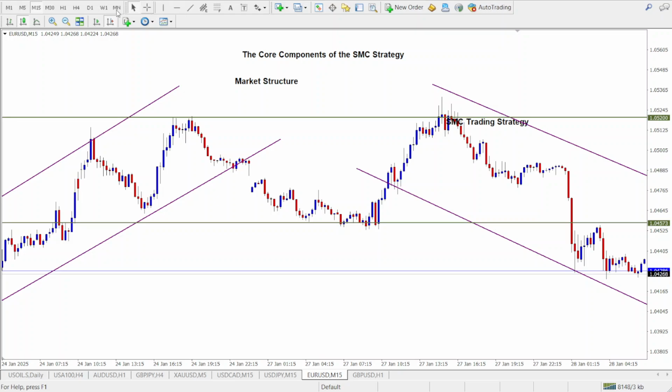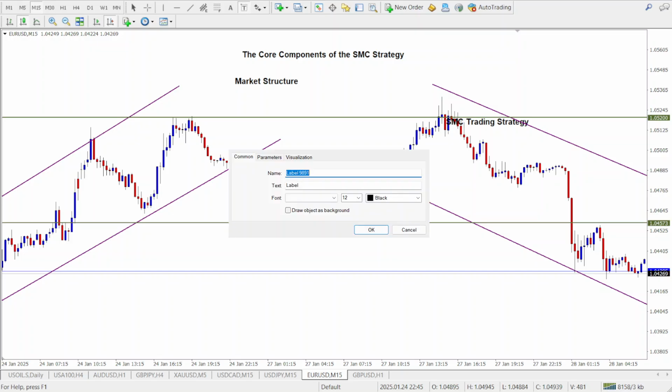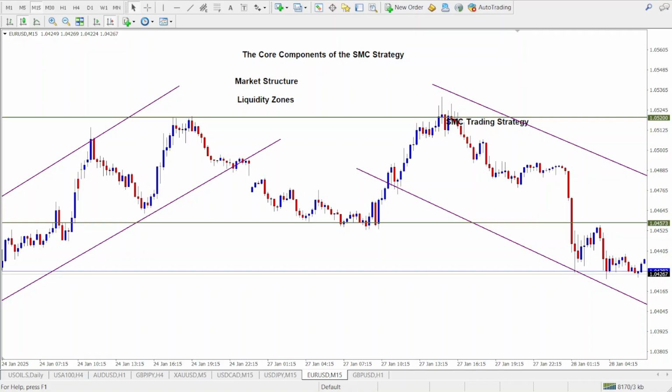The next component is liquidity zones. Very important. Liquidity zones are areas where large amounts of buy and sell orders are placed.